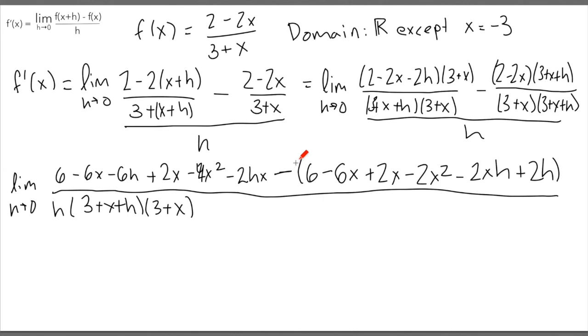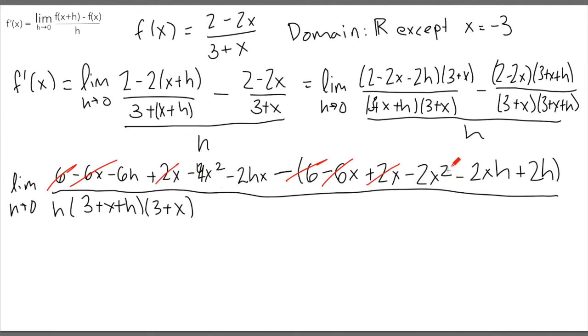And what you'll notice is that this minus 6 cancels with this plus 6, so minus minus, double negative, that's a positive. That cancels with this minus 6x. There is a minus 2h here and a minus 6h. That'll become a minus 8h. This 2x cancels with this minus 2x.